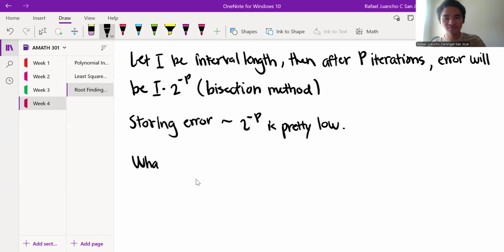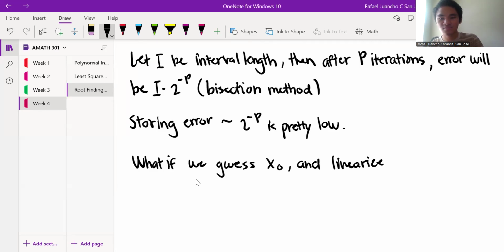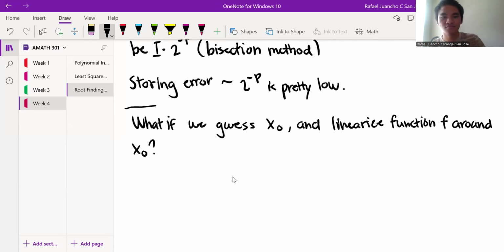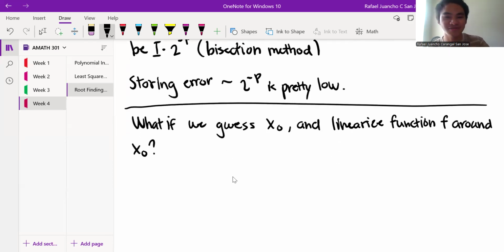So what if we take an initial guess, let's say x naught, and we linearize our function f around that value, so around x naught? So what if we do that? Yeah, this is a new method that we're going to talk about. Just a heads up.